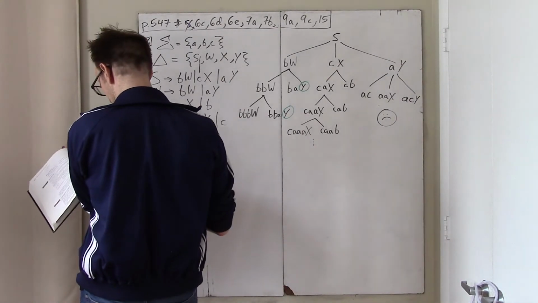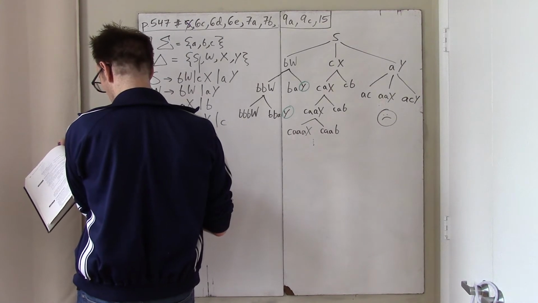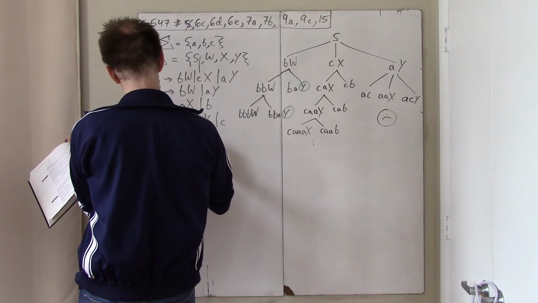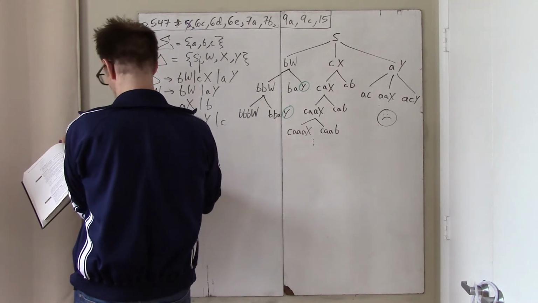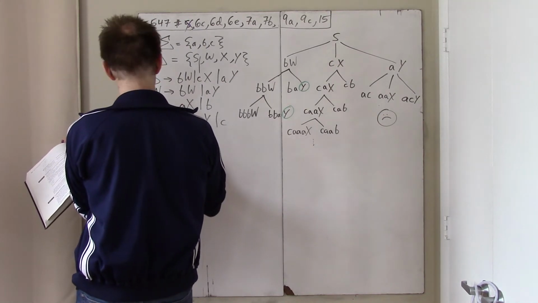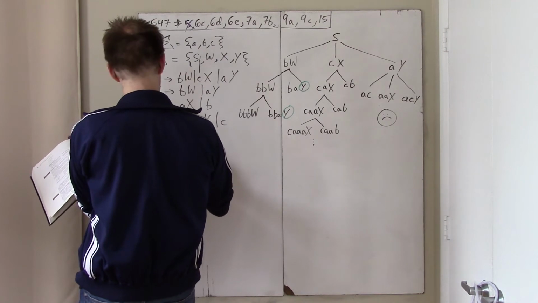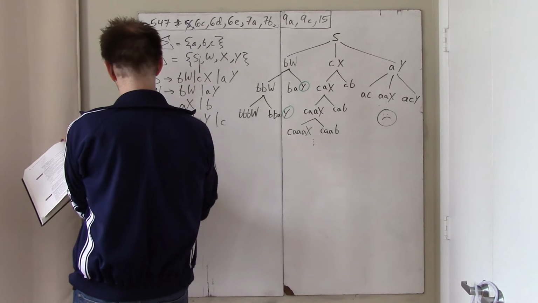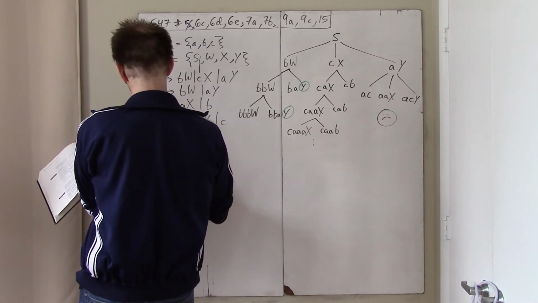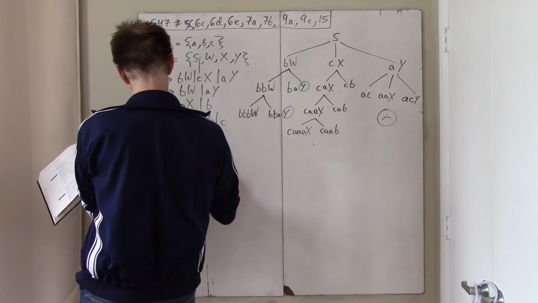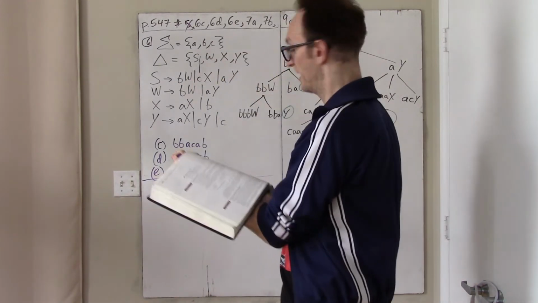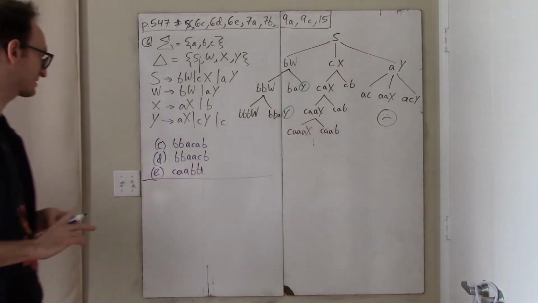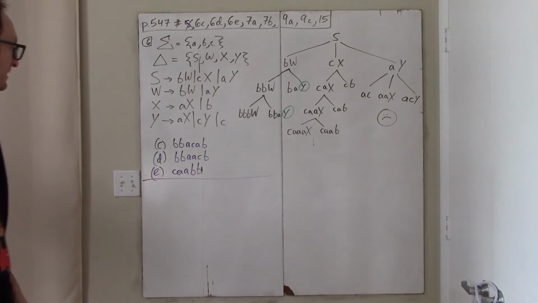Part C, 6C, gave you the string BBACAB. D gave you the string BBAACB, and E gave you the string CAABB. Okay, so instead of doing this problem in general, maybe I'll just solve the problem I'm being tasked to solve, and maybe it will be possible.